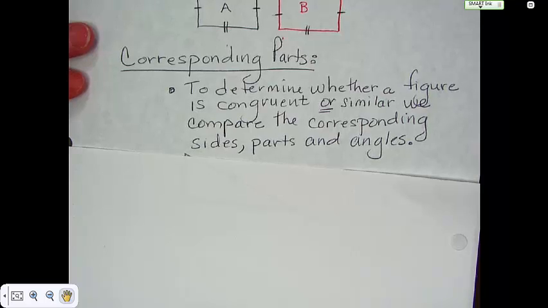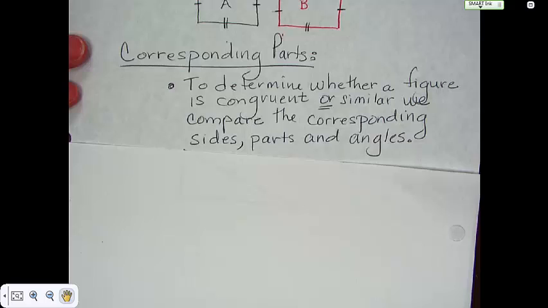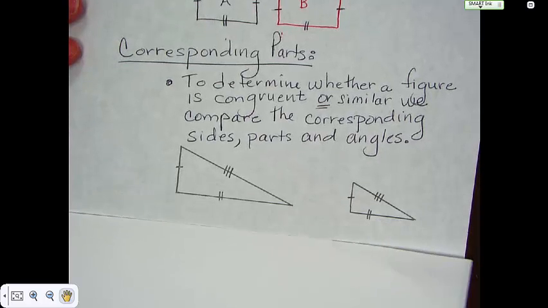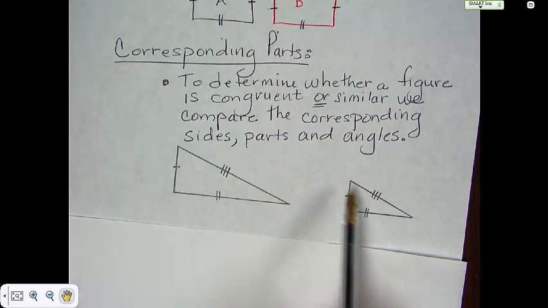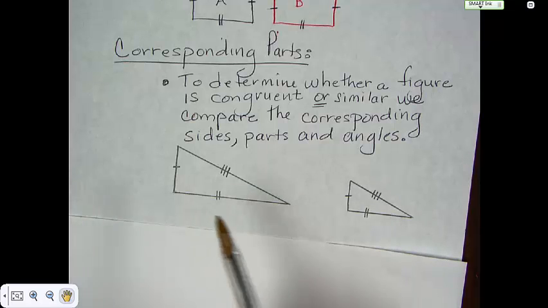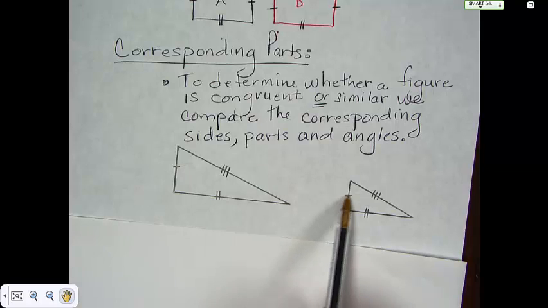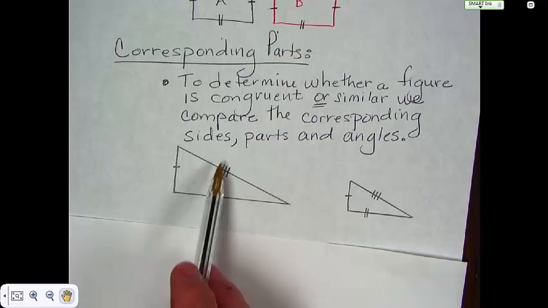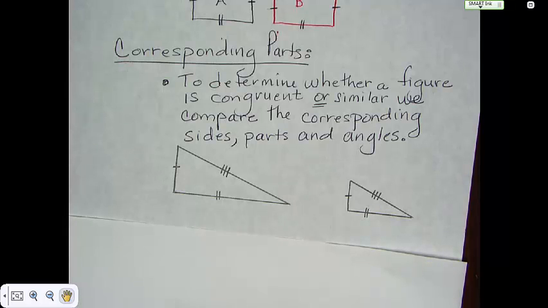To determine whether a figure is congruent or similar, we compare the corresponding sides, parts, and angles. For example, we have two triangles here. We're hoping that they're similar. We would have to compare their angles, but at this point we see that this line and this line show congruence. These three lines, these two, they're corresponding.